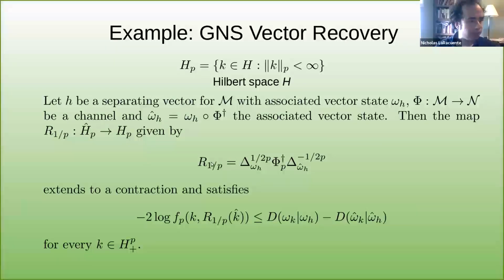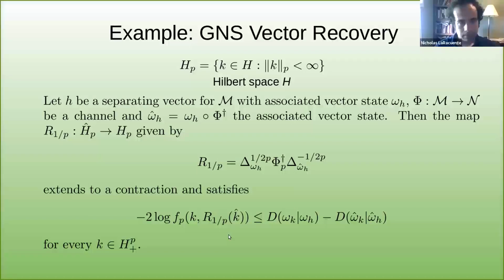And so we can define this particular recovery map, which takes a form in terms of modular operators. And for any value of p, as long as the states are normalizable in a p-norm, we'll actually get a p recovery result that bounds the fidelity in terms of the relative entropy difference.